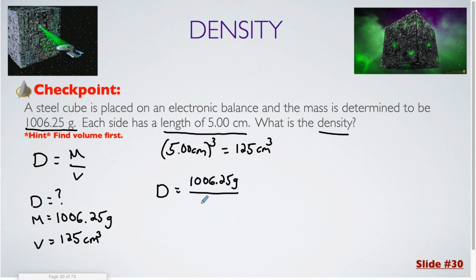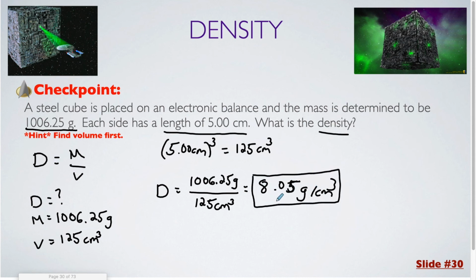Now I'm going to divide by my volume, which is 125 centimeters cubed. From here, I simply need to divide, and I end up with 8.05 grams per centimeter cubed. That 5 is not very clear, so I'm just going to try to fix it. And that's our final answer.